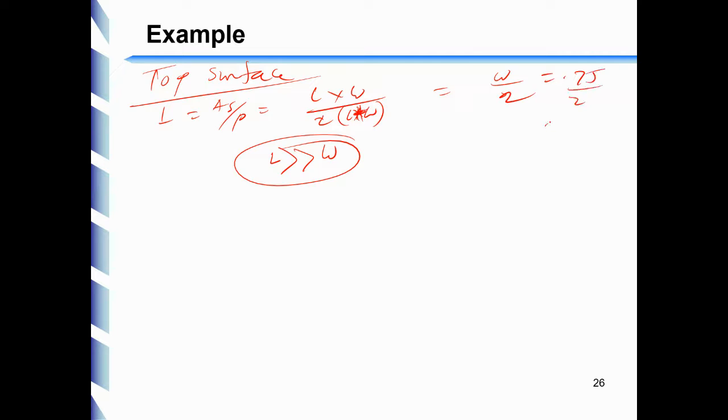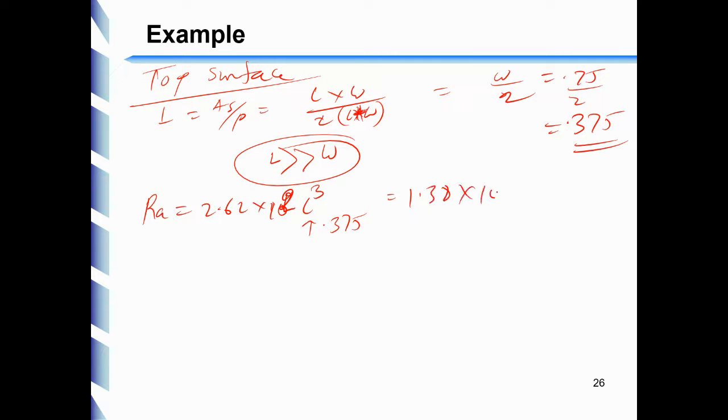So 0.75 by 2 equal to 0.375. So Ra will be 2.62 times 10 power 9 times L cube. So L here is now 0.375. So you get 1.38 times 10 power 8. So you got Ra here.